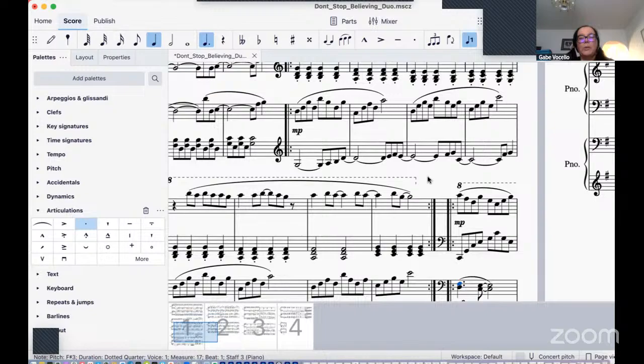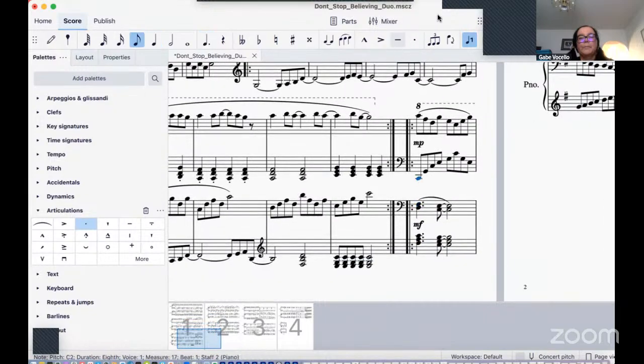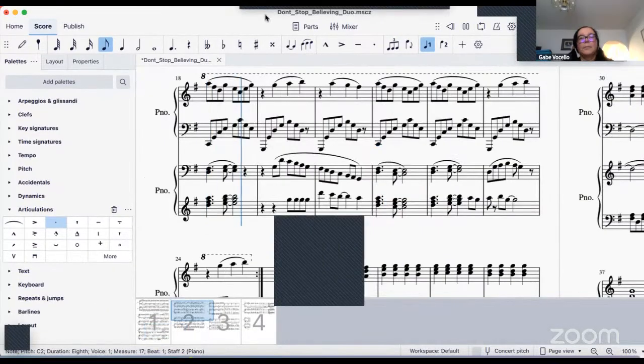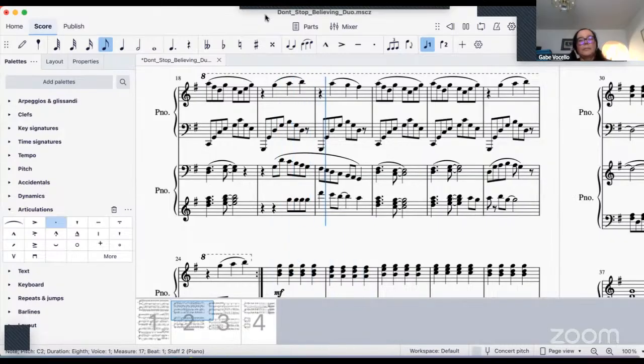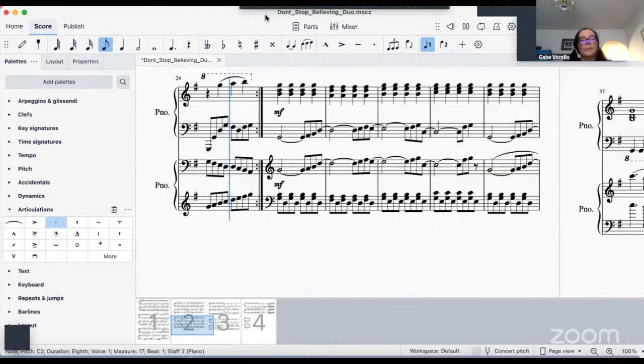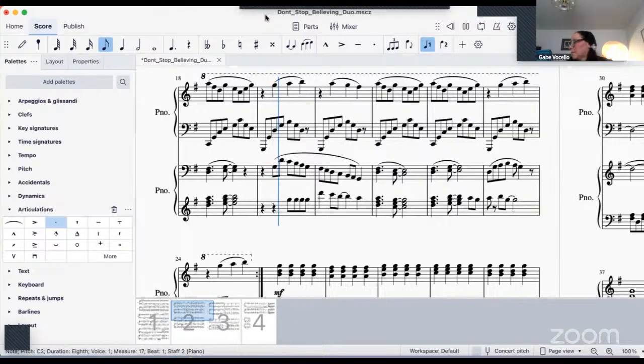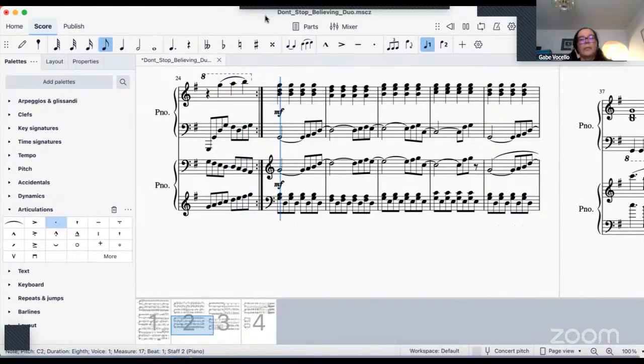Let's go from the bridge. Staccato here, do not put staccato, but staccato.